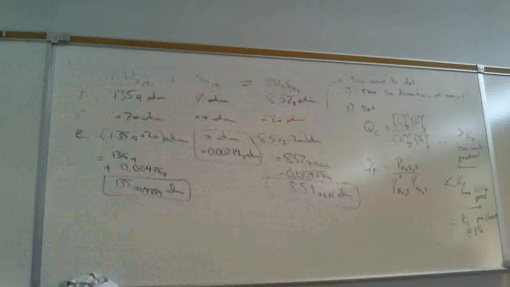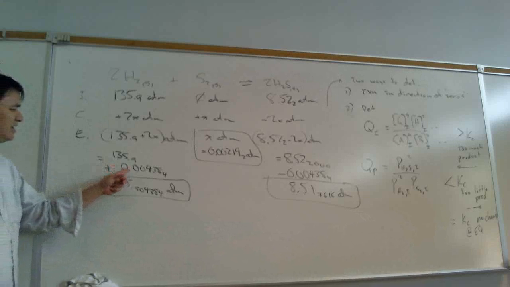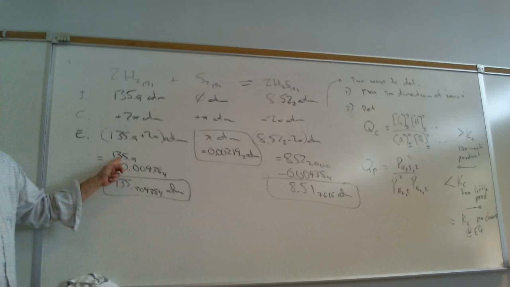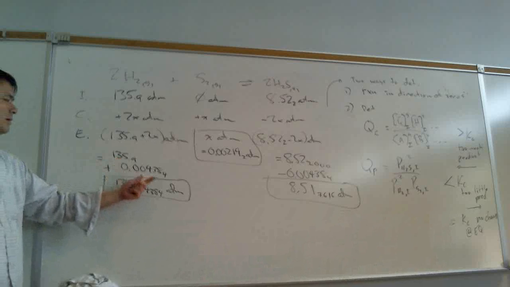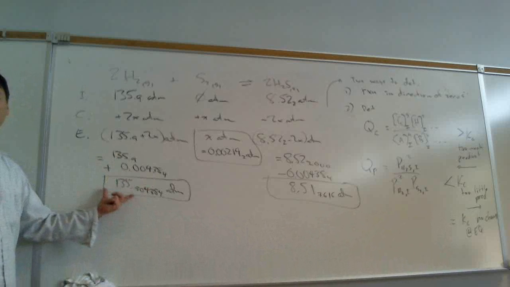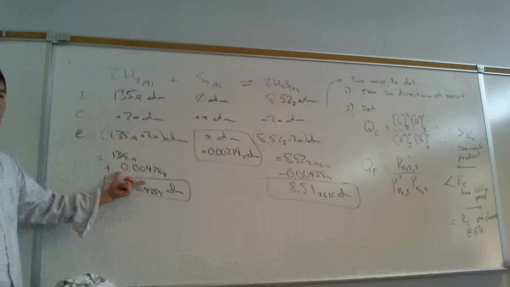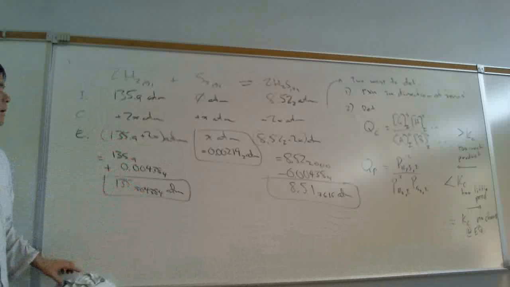So those are the equilibrium pressures of this. When you look at this equilibrium pressure, did it change much? No. What would you say about that change? The change didn't even register because once we round this, it looks like it's the same number. But it did change. It was a negligible change, that's all.